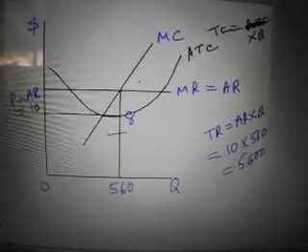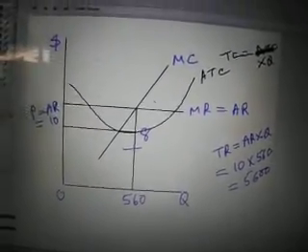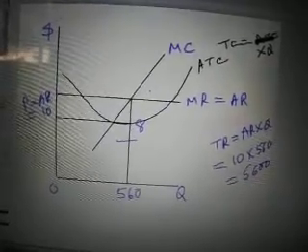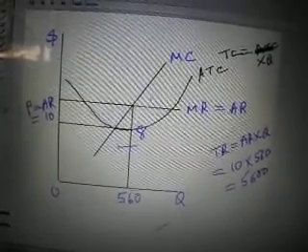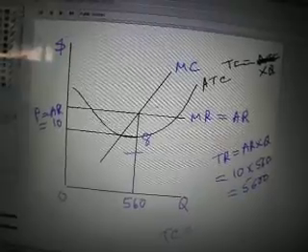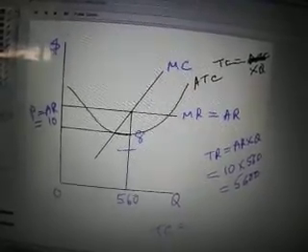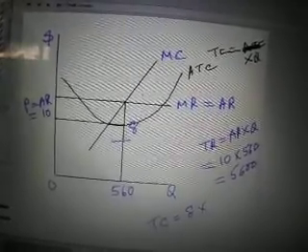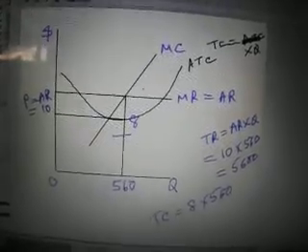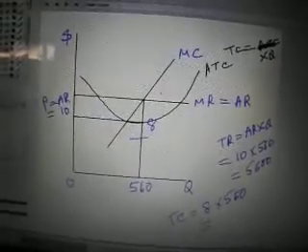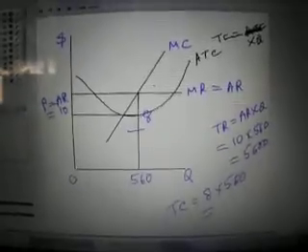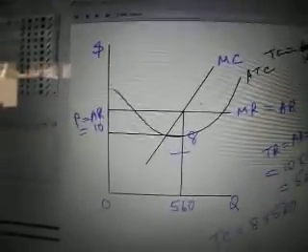So what is your total cost then? Total cost is equal to how much? Average cost 8 times 560. Who is the calculator? Very quickly. What is 8 times 560?